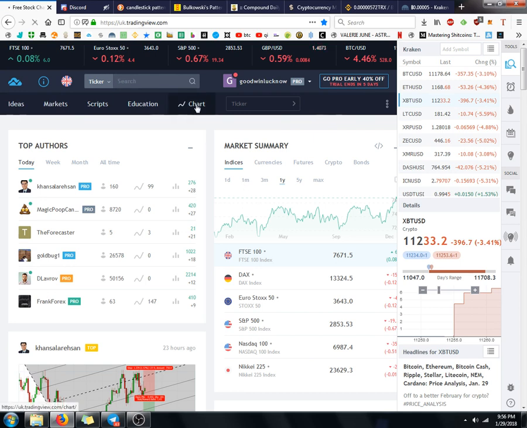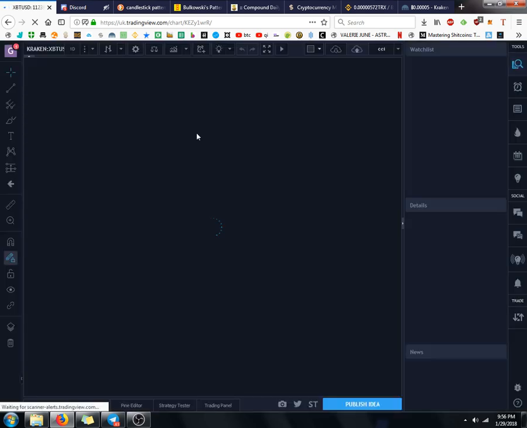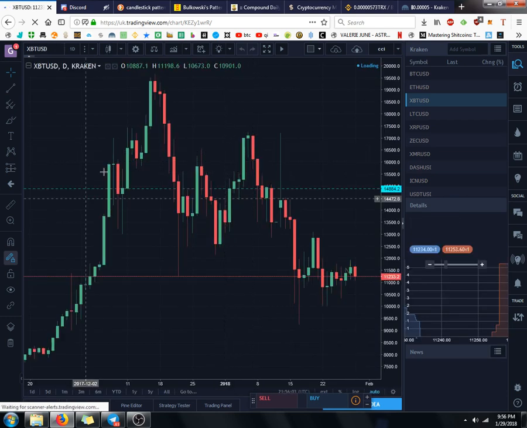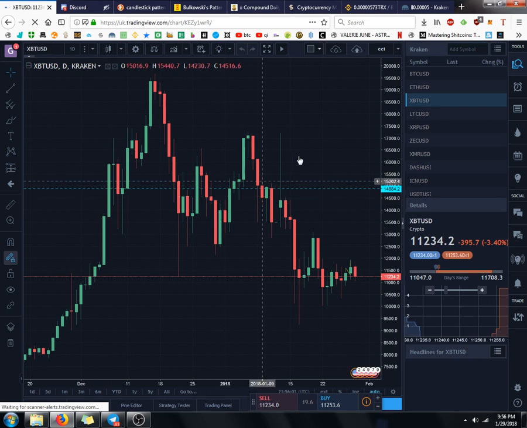Right, so you want to go to chart, and it will open up candle charts. So a candle chart is a representation of the price, where the price is at a certain time.